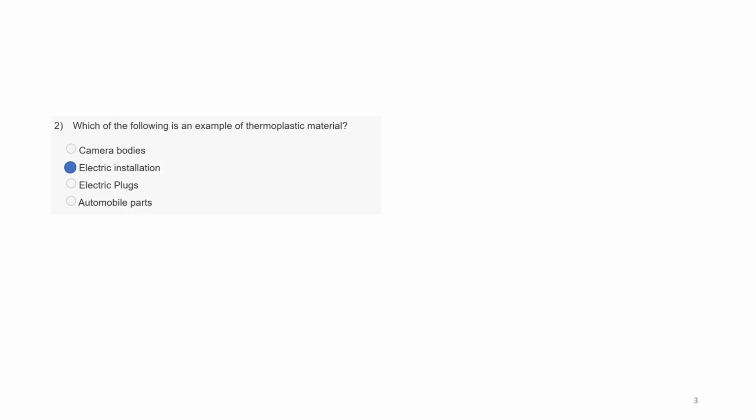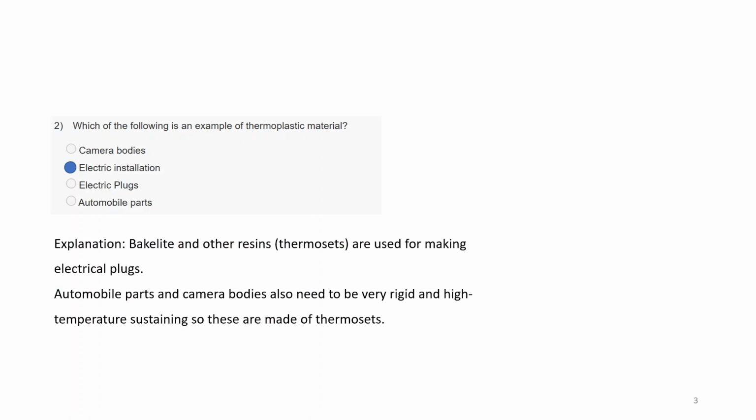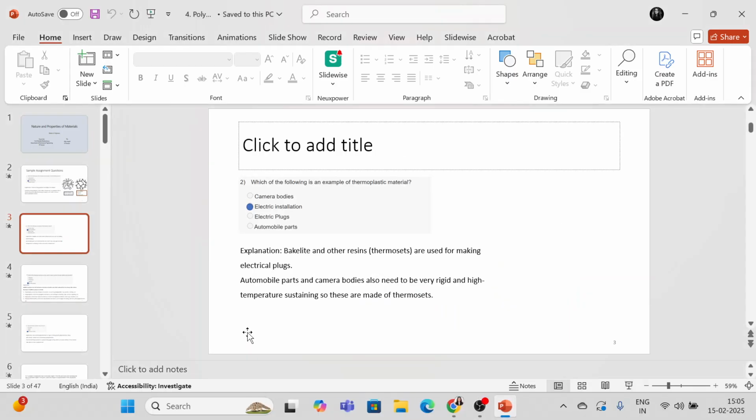Other than that, all the options require highly rigid bodies, so these are all made with the help of thermoset plastics. Here we can see that in bakelite and other resin, thermosets are used for making electrical plugs. Automobile parts and camera bodies also need to be very rigid and high temperature sustaining, so these are also made of thermosets.